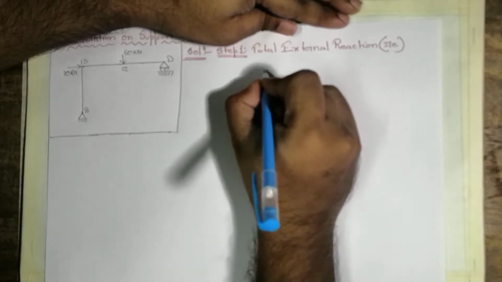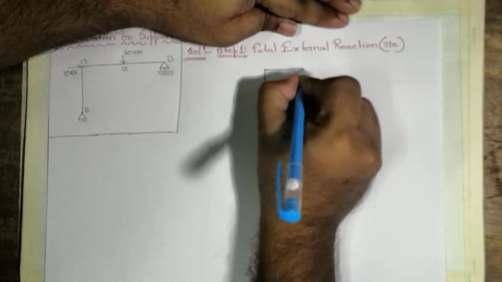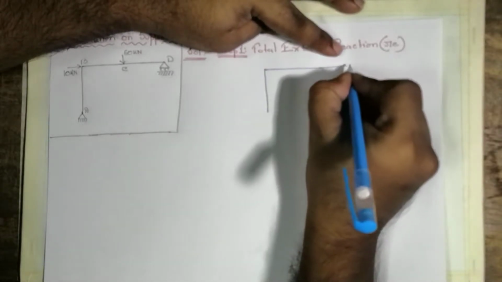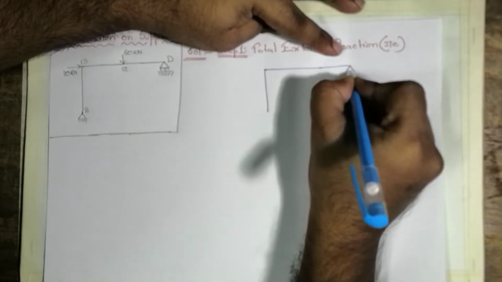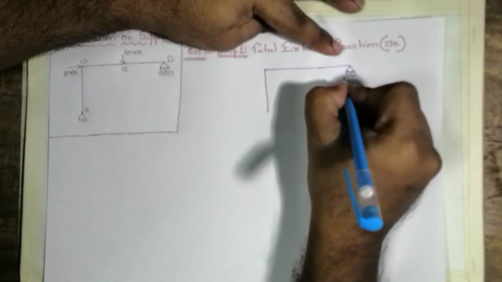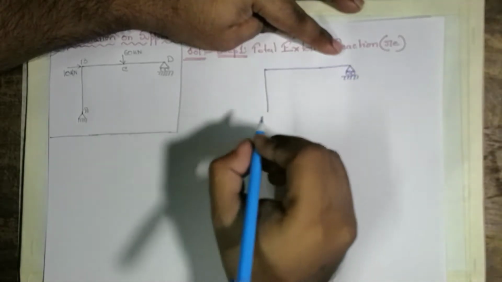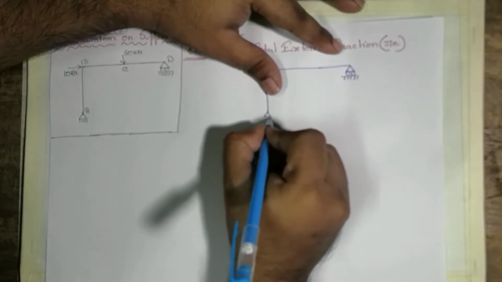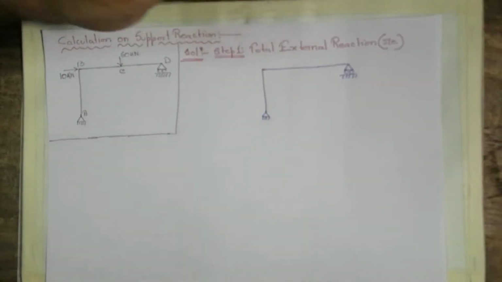Now we are going to draw this particular frame along with the support reactions. Now we are going to assume the direction of the support reaction in this case. Okay. Point A is hinged.